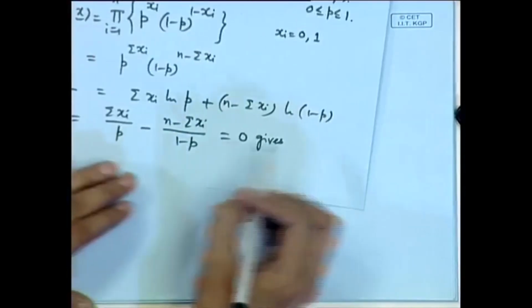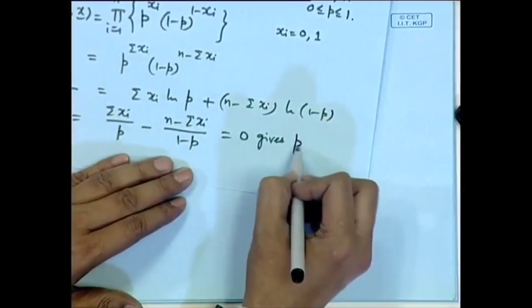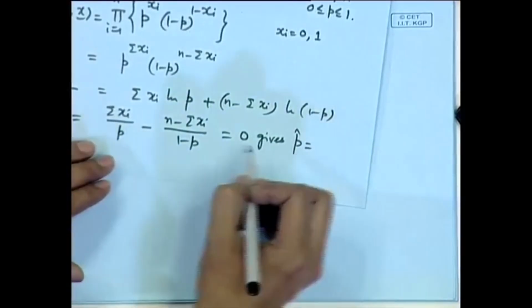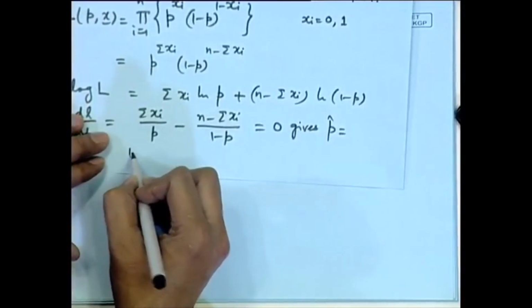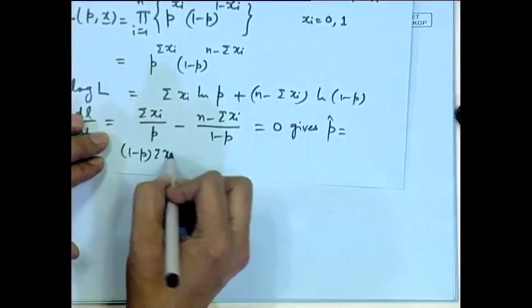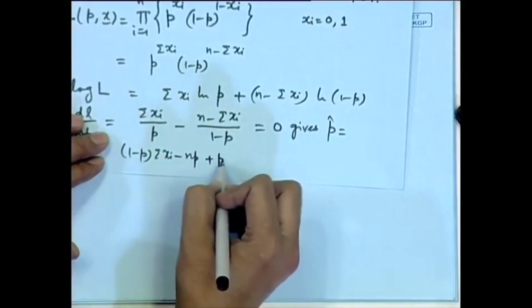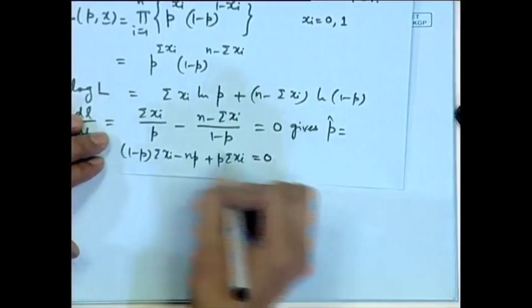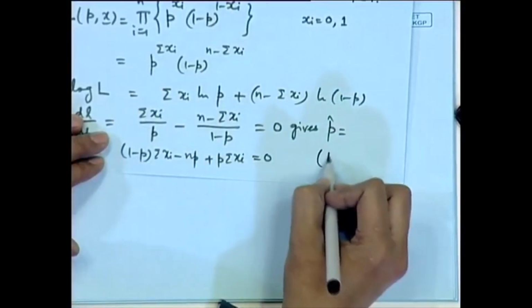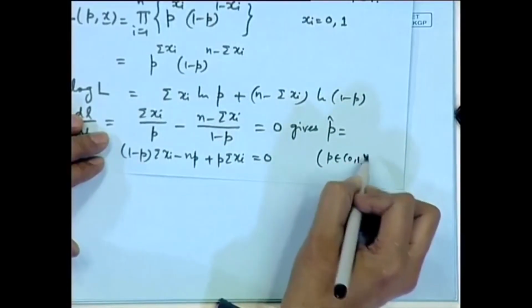After some simplification, combining the terms, we get (1 minus p) sigma xi minus n p plus p sigma xi, where p belongs to the interval 0 to 1.